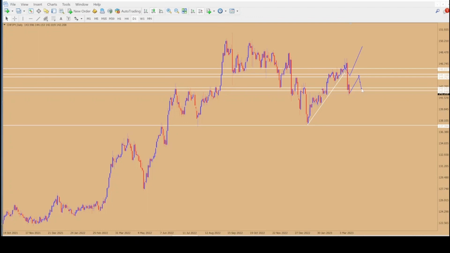Let's look at getting it into the 142.64 area, and if we can achieve that, then we can look for opportunities to buy as well, right guys? So if it closes significantly above this area, then we can look for opportunities to buy even to higher prices right there.